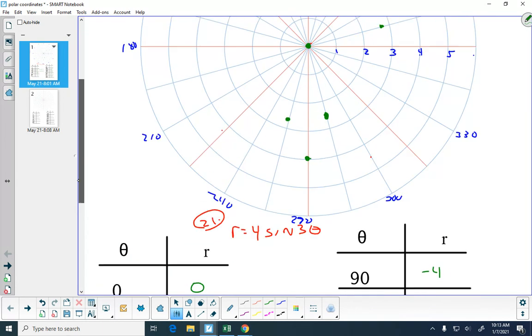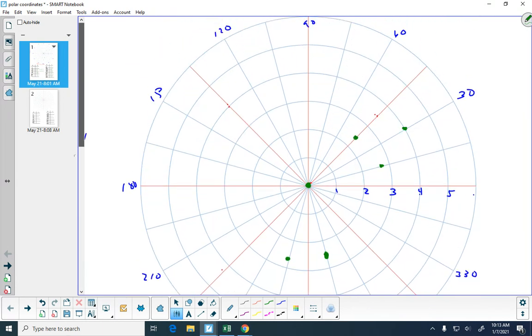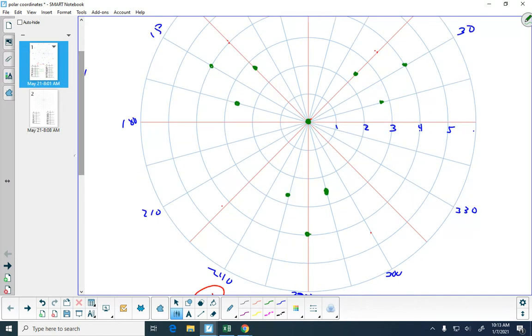At 135, which is this line here, we're at 2.8. At 150, we're up at 4. At 165, we're at 2.8 again, and then we're back to 0. So what this allows us to have is some intermediate values here.